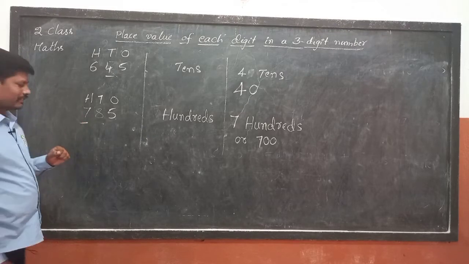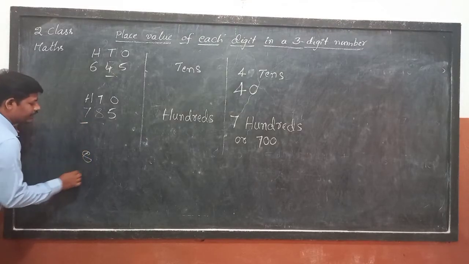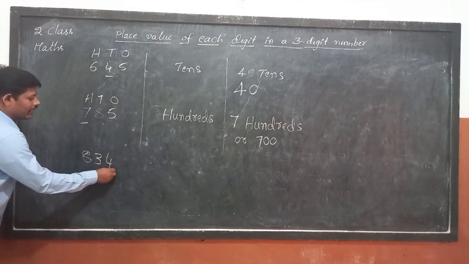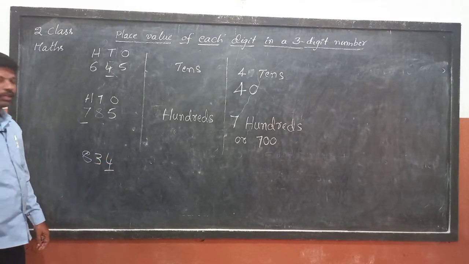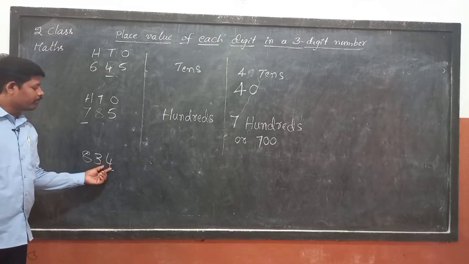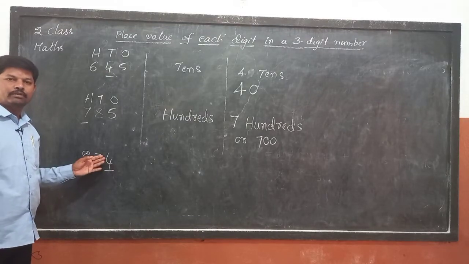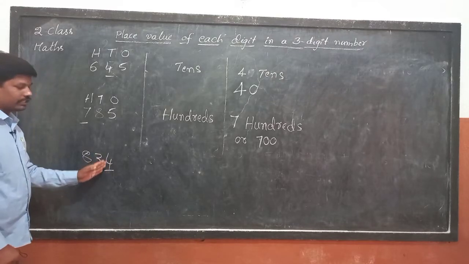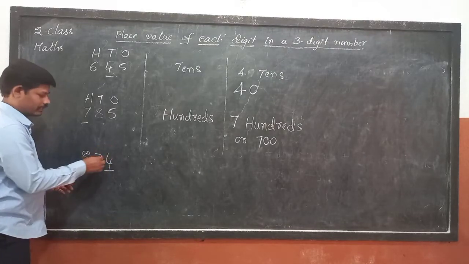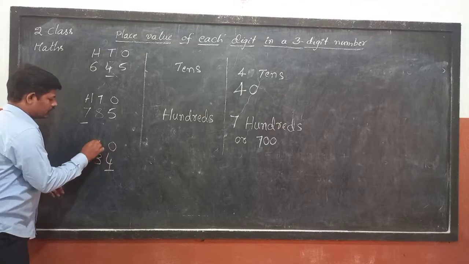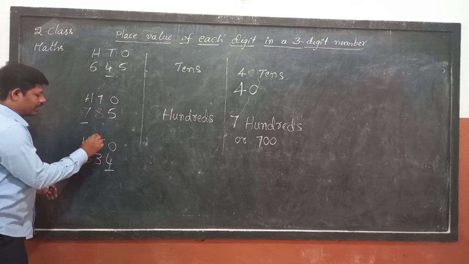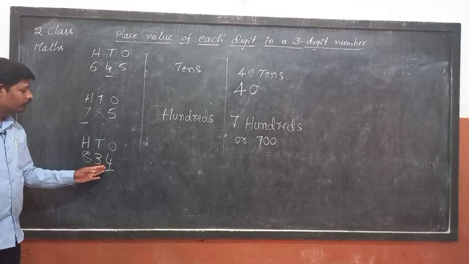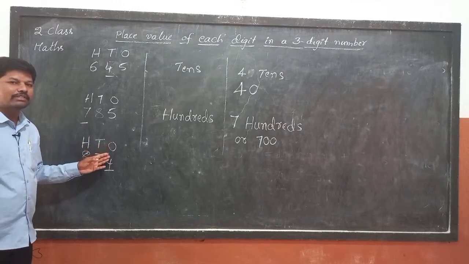One more number, let us take 834. Now I will underline the first digit. What is the place of the underlined digit here? Let us count the places: ones, tens, hundreds. That means 4 is in the ones place.